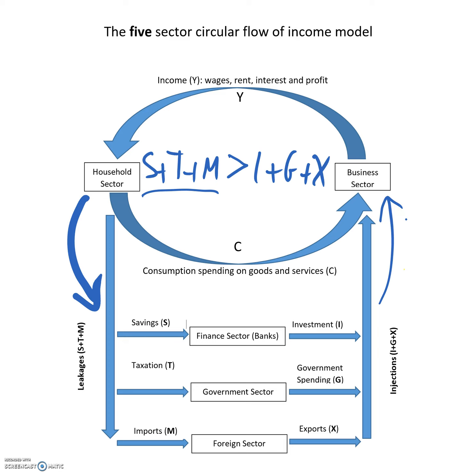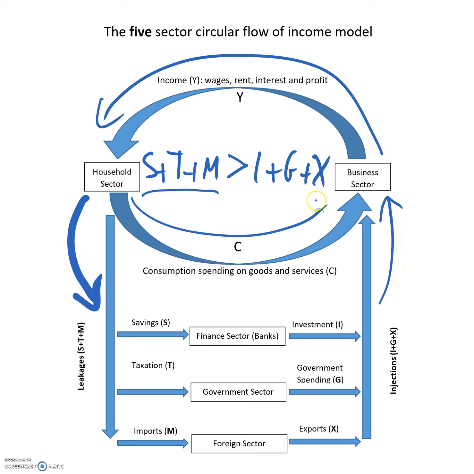Less is being spent on the business sector than it was before, and less income is returned to households, who spend less, and then we've got an even smaller amount of output from businesses, so an even smaller amount of income. And what will happen over time is that when households have smaller incomes, they save less because they need to spend all of their income to survive.